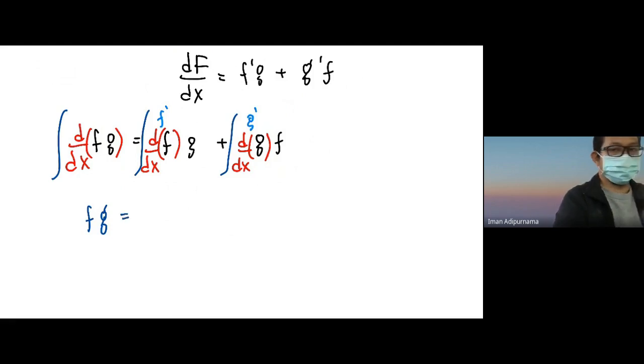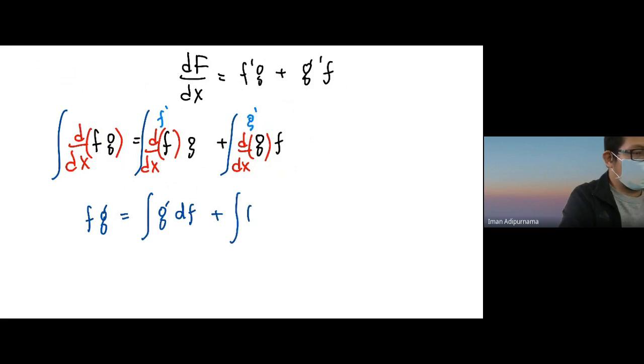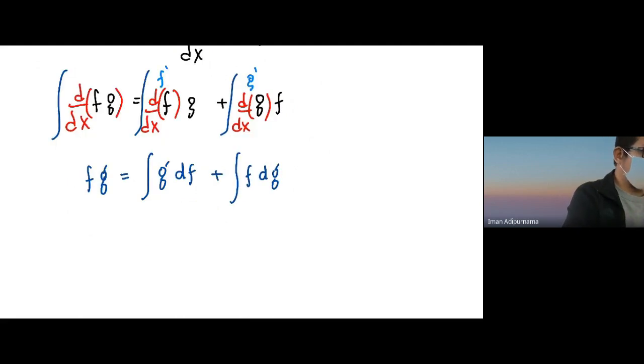And this gives integrals of g df, writing d/dx f as df to simplify, plus f dg, right? Exchange the sides, so f dg equals fg minus g df.